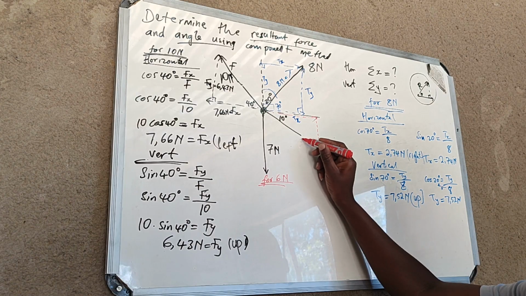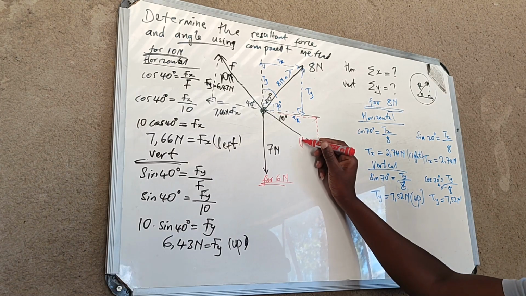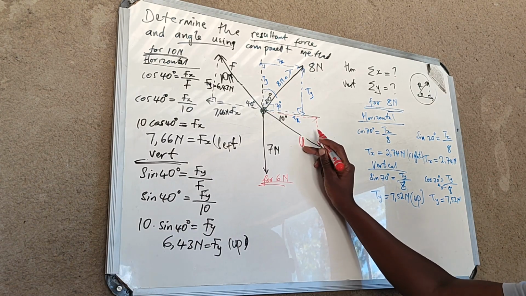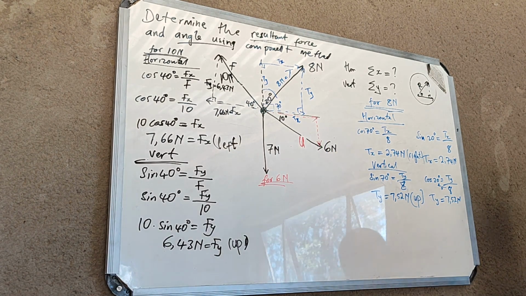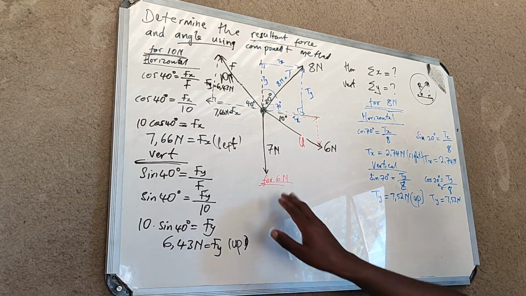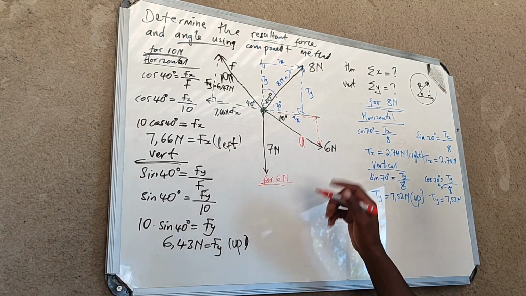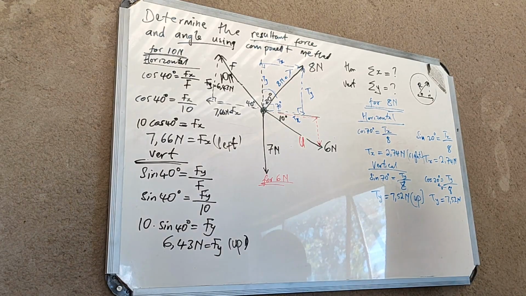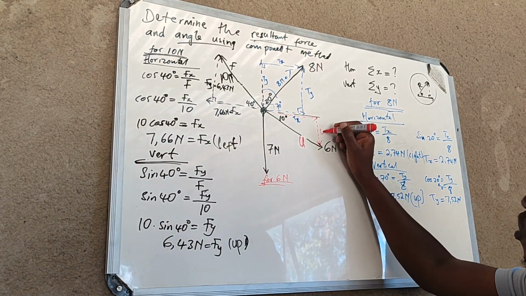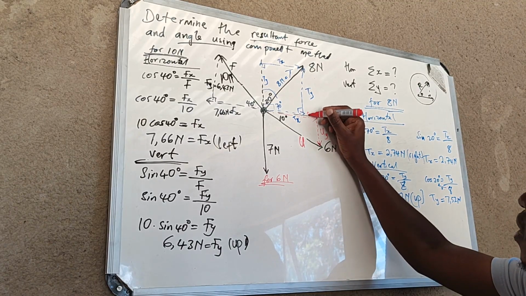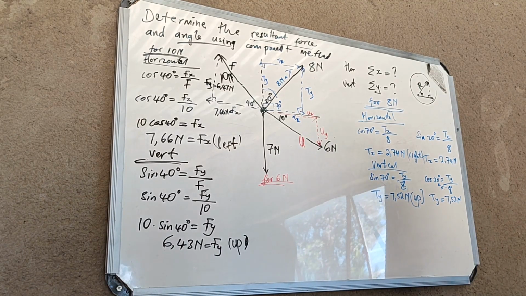Let's give it U. Alright, if you give it U, this is for 6 newton. For the angle given there, everything is fine again. So this side will be U, Y, and this side will be U, X.